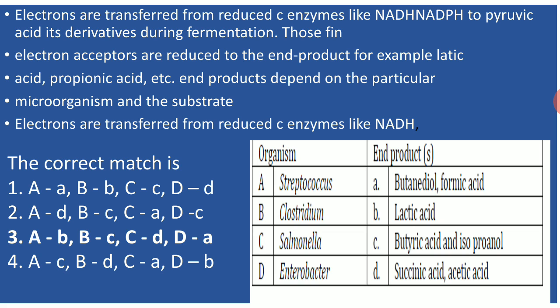Third one means Streptococcus for lactic acid, Clostridium for butyric acid, Salmonella for succinic and acetic acid, and D is Enterobacter for butanol and formic acid.